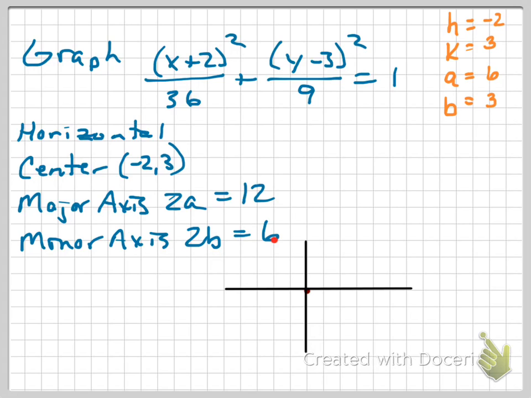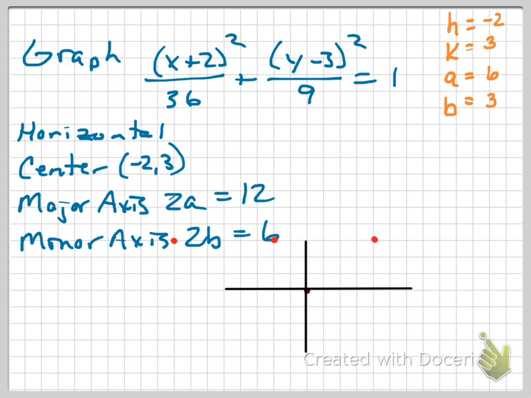Okay, so I go to my center. I know it's horizontal, because the larger denominator is under the x, that's what makes it horizontal. So my major axis is horizontal. It's a distance of 12 total. So each way from the center, I'm going to go 6.